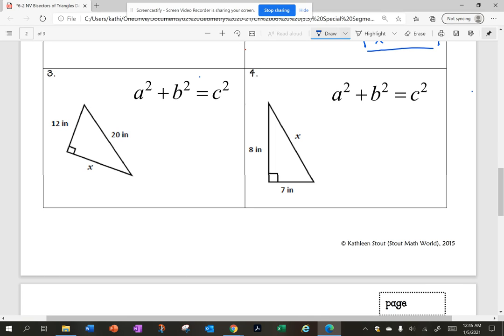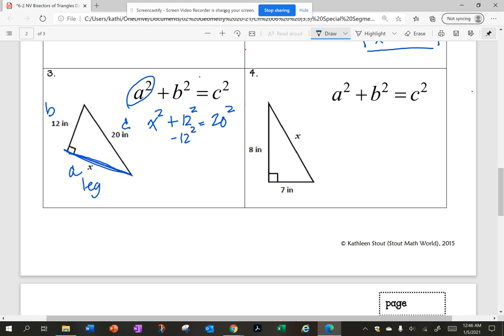Okay, so if I'm looking at number 3, here is x. This is a leg, so I'm looking for either a or b. Here I'm going to call this a. This is b, and across from the right angle is c. So substituting in, I get x squared plus 12 squared equals 20 squared.